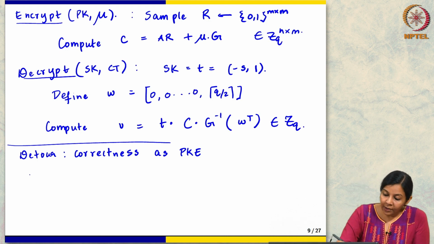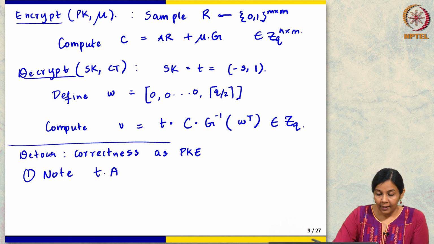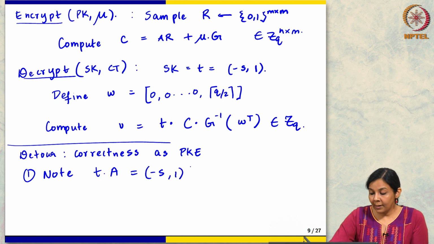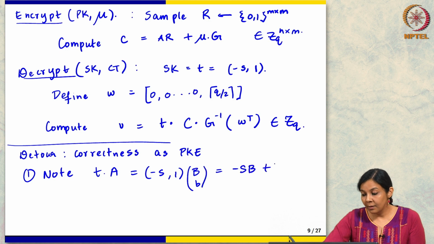Okay. So, first thing to note is the way we defined T and the way we defined A. T is (minus s, 1) and A is what? It is (B, ...), right. So, this is minus S times B plus B, and B is S times B plus E. So, T times A is just error E. Okay.